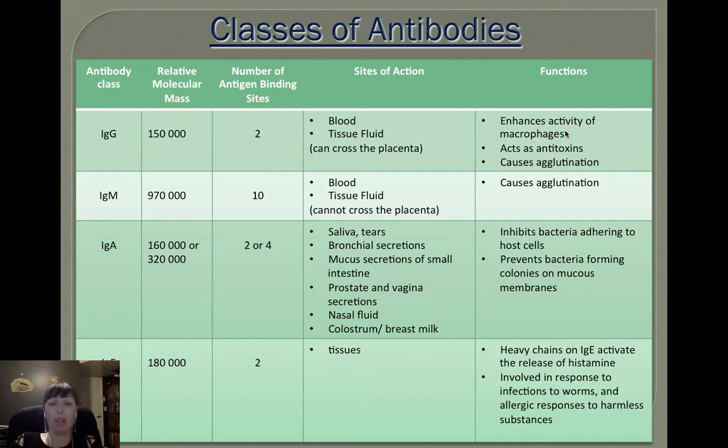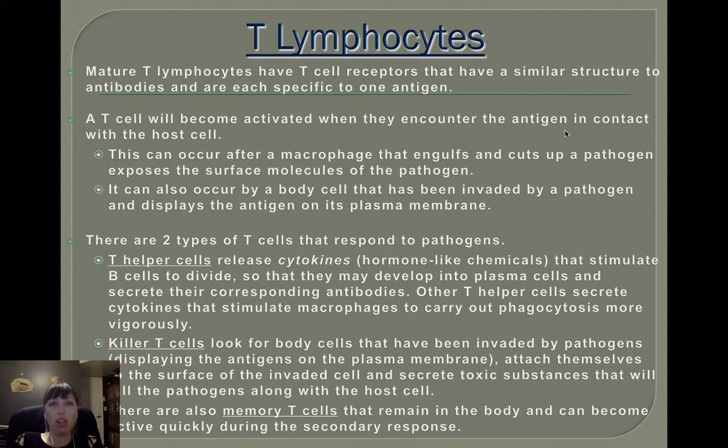Most of them work in blood or tissue fluid, but you can see that there are some that are specific to saliva and tears, or the bronchial secretions, or tissues, etc. Okay, so this brings us to T lymphocytes.